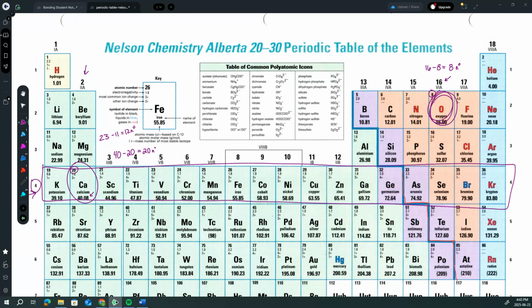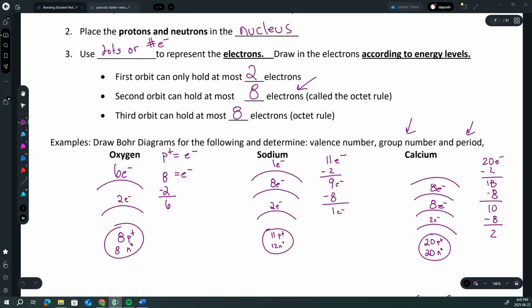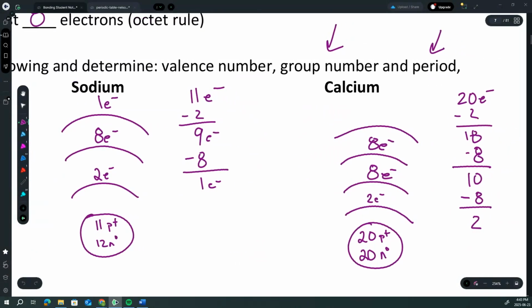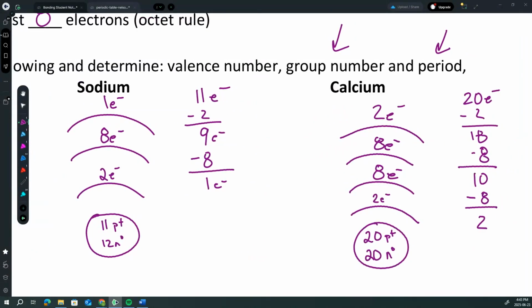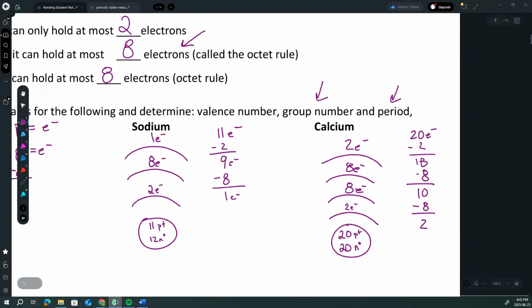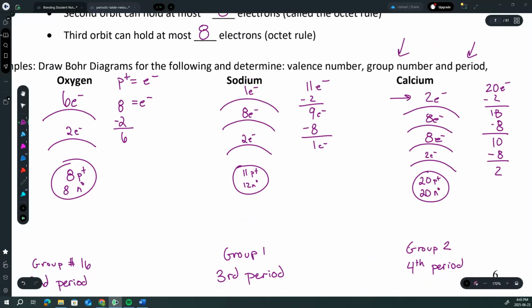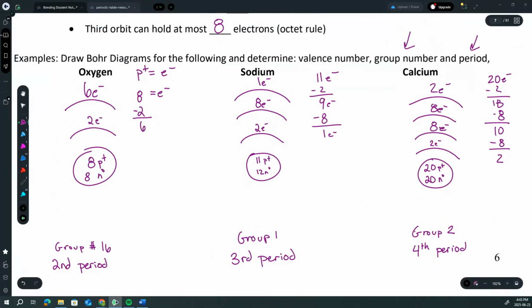So the 4th orbit can hold a maximum of 18 electrons. So there's plenty of room in the 4th orbit to hold those 2 electrons. Those 2 electrons are our valence electrons. It corresponds with the last digit of our group number, so that checks out.